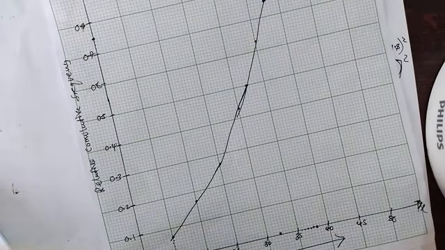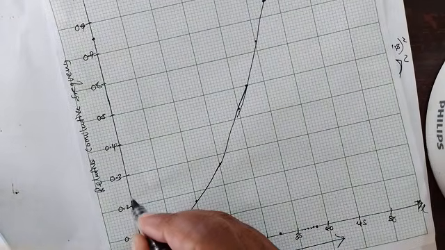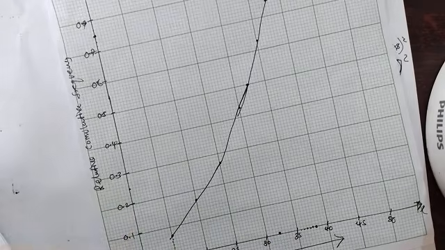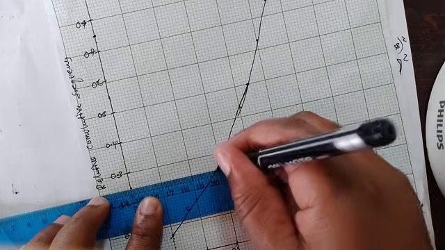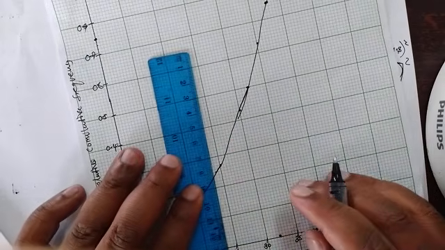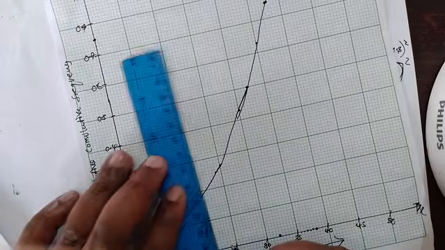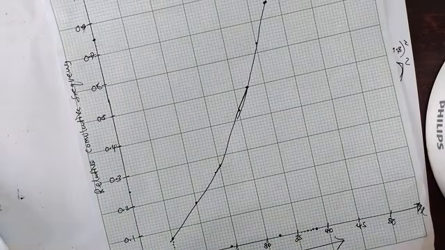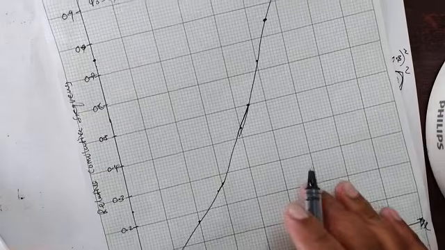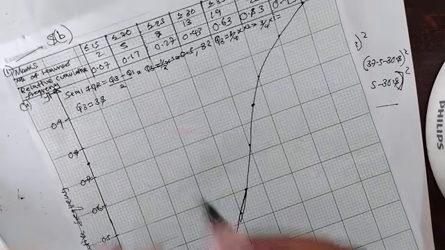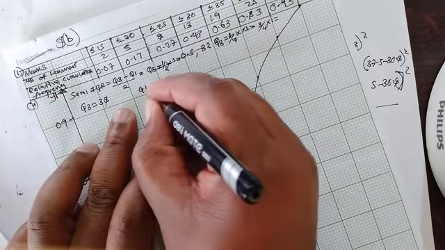So now you're going to go to 0.25. 1, 2, 3, 4, 5. Here. You meet the line here, then come down. Okay, this point. What is this point? This is 20, 20.5, 21, 21.5, 22, 22.5, 23, 23.5, 24. Okay, so we have found that Q1 is equal to 24.